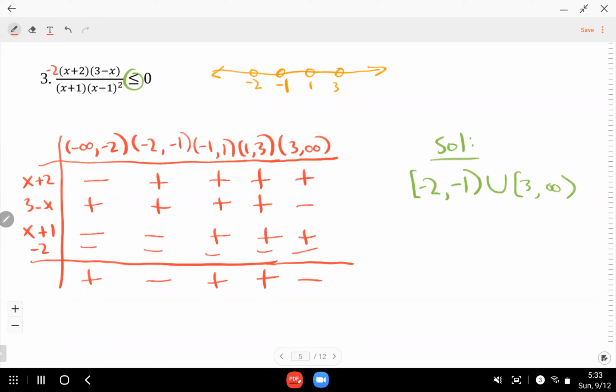That would turn these two into negative, this into positive, and this into negative. So if you ever see a negative number like that, either change the sign like they said, or you can add it as a factor since it's always negative. It's going to change the inequality, unlike a positive number. Now, if this were just 2, that wouldn't change anything, right? You don't have to add it as a factor.